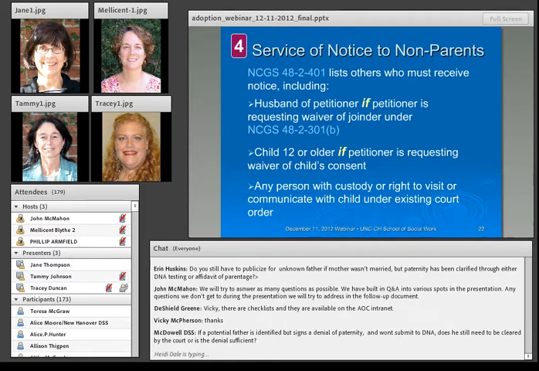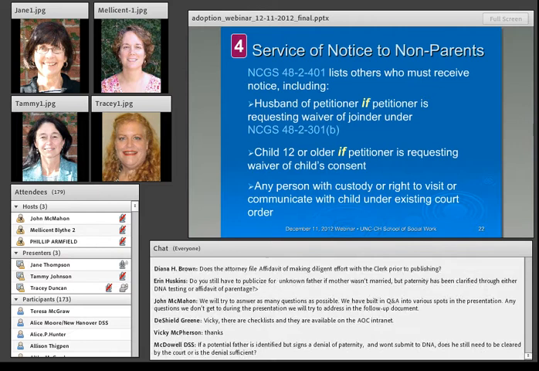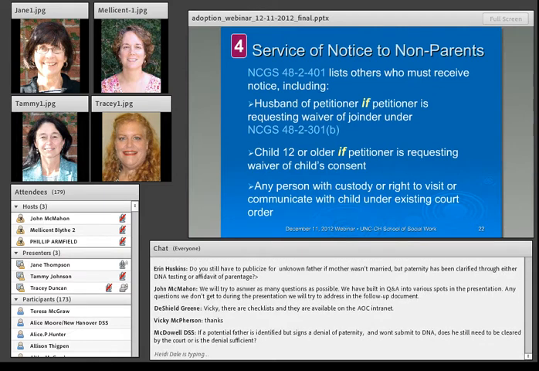I know some of you have run into step-parent adoptions where you go out, the child is 12 or older and has never been told that this is her stepfather, and they want to do this kind of waiver. And in my personal opinion, that is not what this waiver has ever been meant to cover.